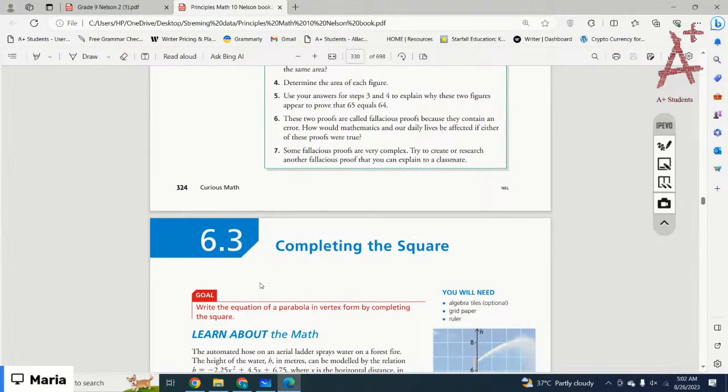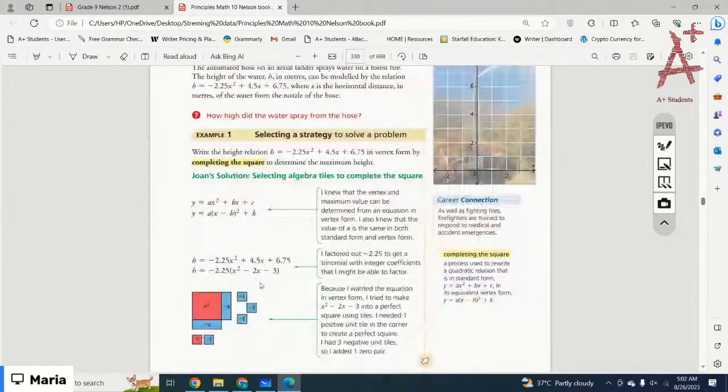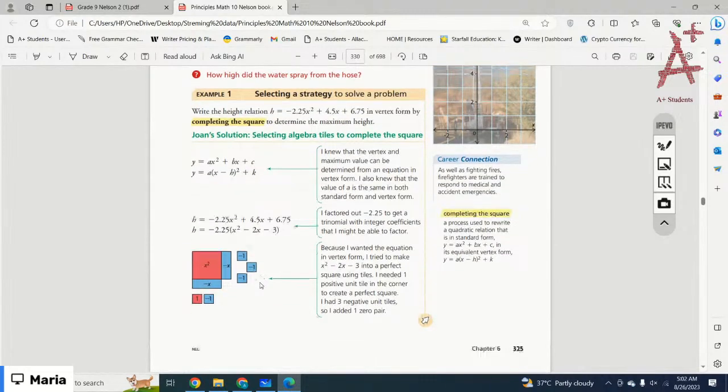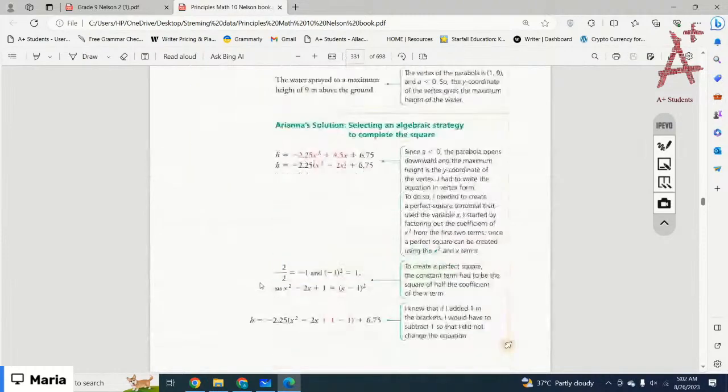A process used to rewrite a quadratic relation that is in standard form ax square plus bx plus c in its equivalent vertex form a times x minus h whole square plus k. That is the process of completing the square.